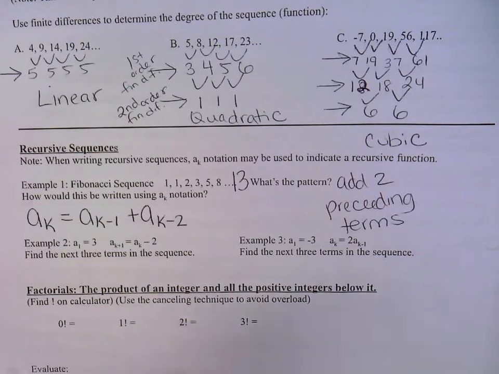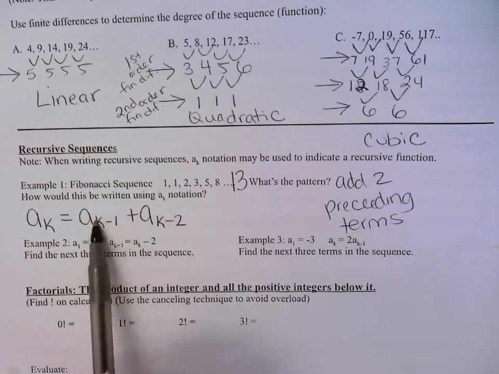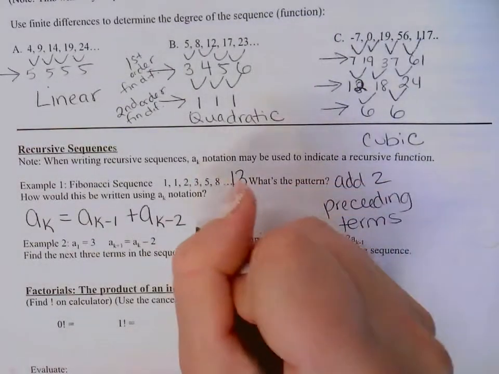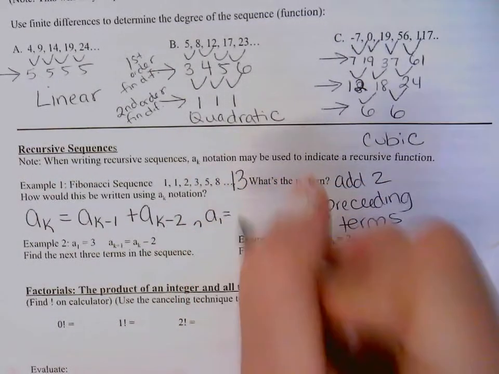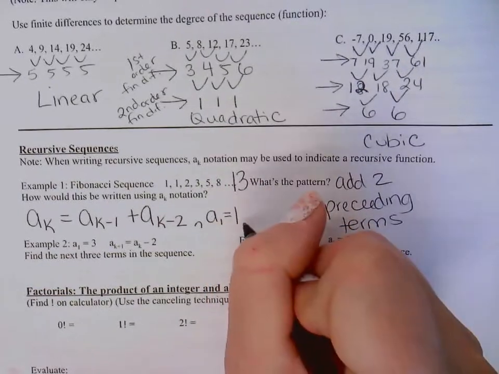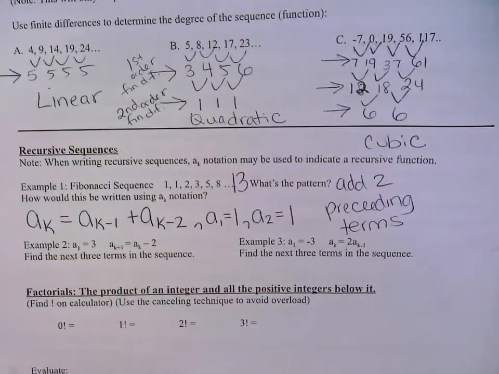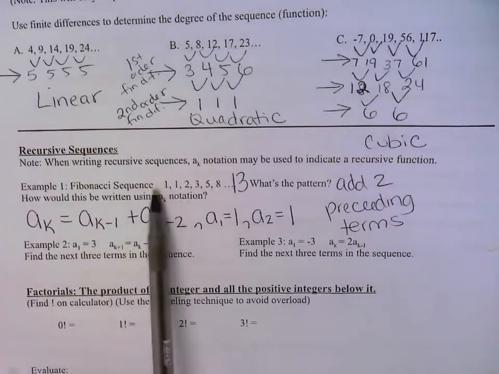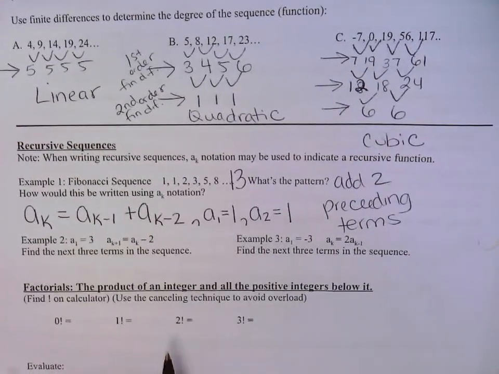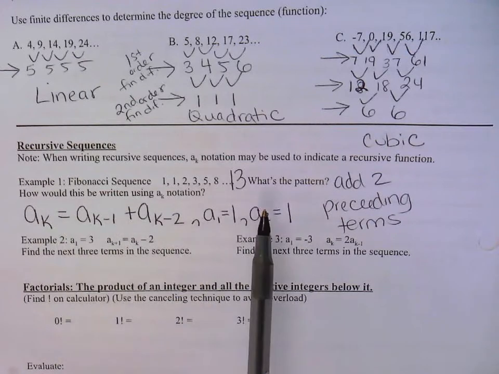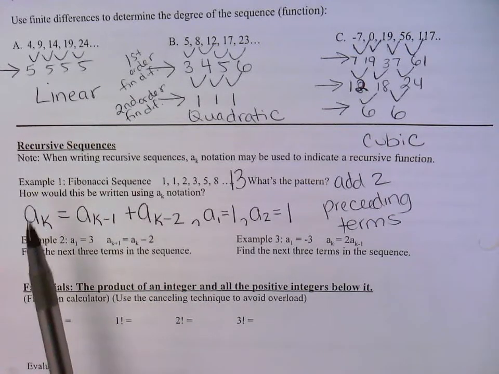So this just tells you to add the 2 preceding terms, and you need to tell the reader what a sub 1 is and what a sub 2 is in your example, because they don't know to start with 1 plus 1. So all this tells you is how to get the next term in a recursive sequence.